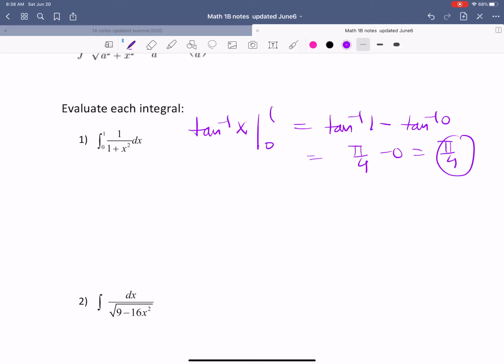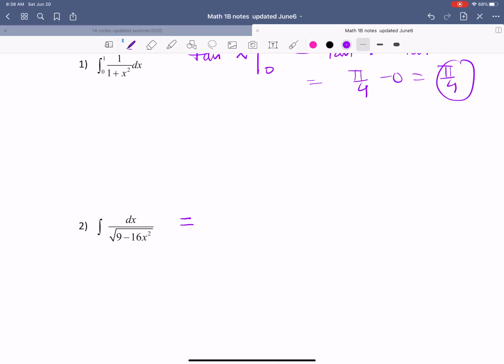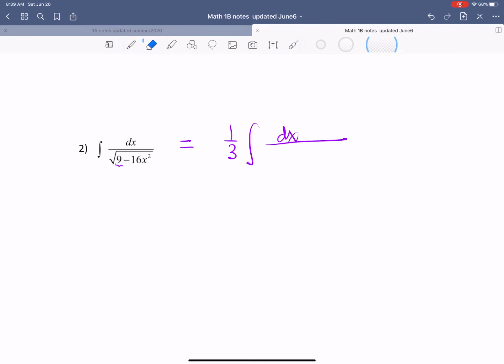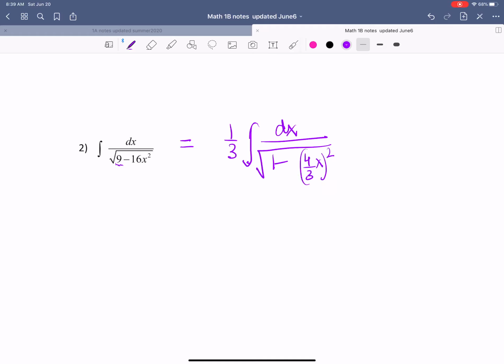Okay, the next example, again, I'm going to try to do u substitution here. It looks like it should be sine inverse, because it's like 1 minus x squared, but I want to make a 1 over here. So pull out a square root of 9 from the square root. dx over square root of 1 minus 16 over 9 x squared.